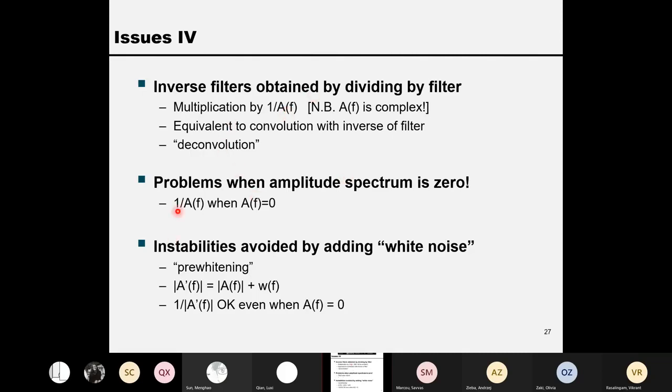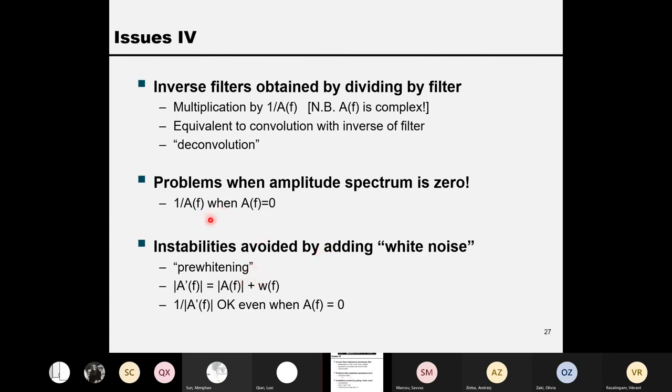That's the problem. When A(f) is 0, 1 over F does not exist, but maybe A(f) is not exactly 0, but next to 0. So 1 over F becomes a very huge number. That's not stable.